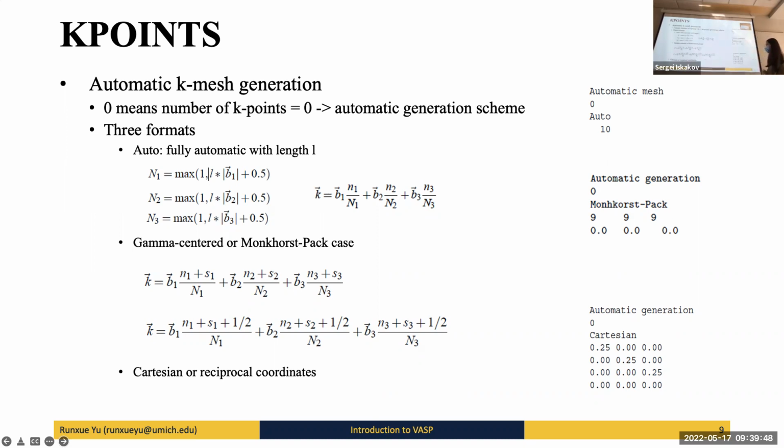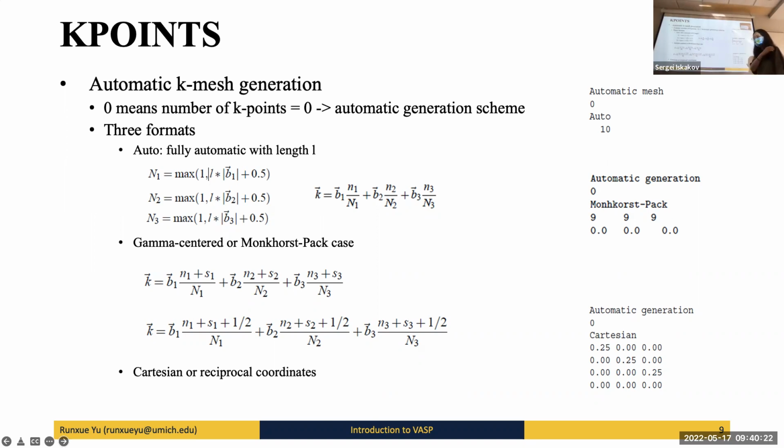The shift of your position. So wait a minute. So Monkhorst-Pack grids can either be gamma-centered or not gamma-centered. Yes. And so the gamma-centered grid is also Monkhorst-Pack, or is that something special? They are not exactly the same, but they are very similar to each other. Yeah. So it's kind of that Monkhorst-Pack will have shapes based on the gamma center.